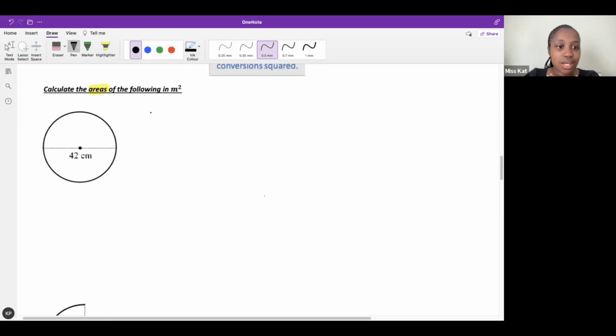Area is pi times radius squared. But let's talk about radius. How long is the radius for the circle? Nice, Lugue. How did you get that? Lugue has the correct answer. And Chichi, tell us how we got 21, guys.